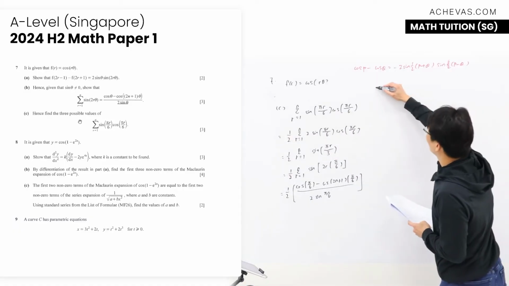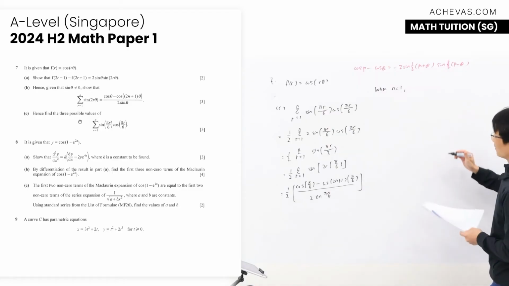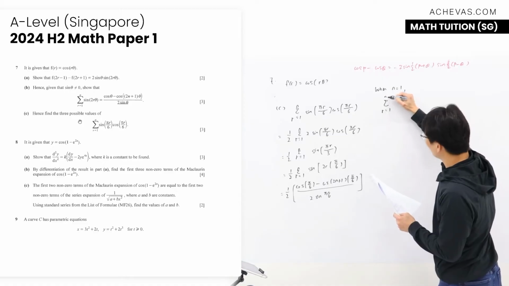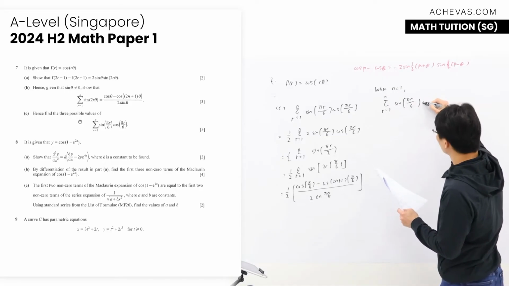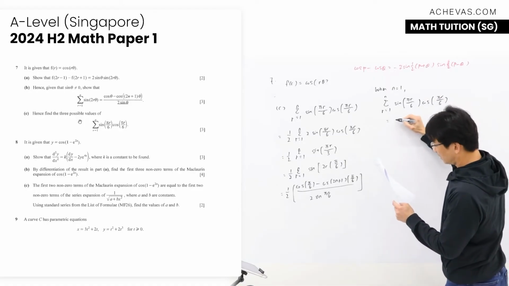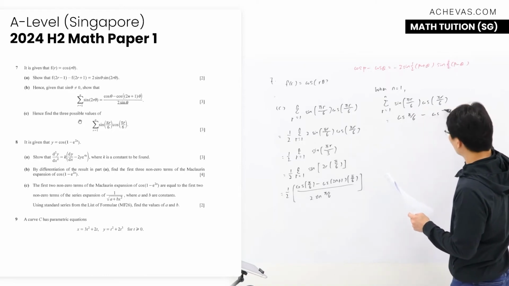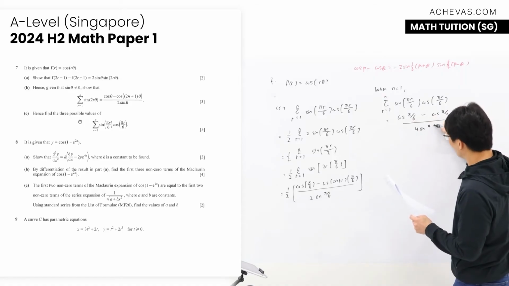So when I sub in n equal to 1, I will get the summation r equal to 1 of sine pi r over 6, cosine pi r over 6. And I will get cosine pi over 6 minus cosine pi over 2, over 4 sine pi over 6.